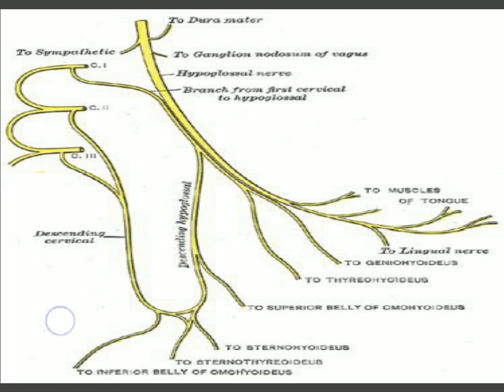There are two roots of Ansa cervicalis. First is the superior root here, which is formed from the C1 nerve of the cervical plexus.